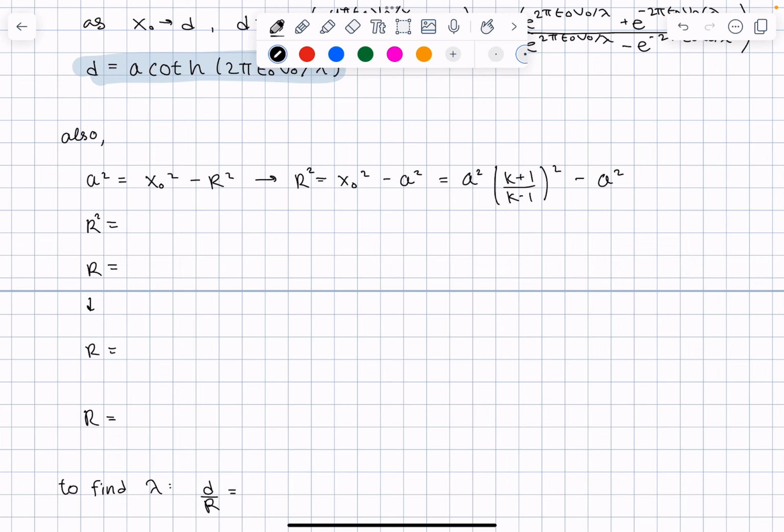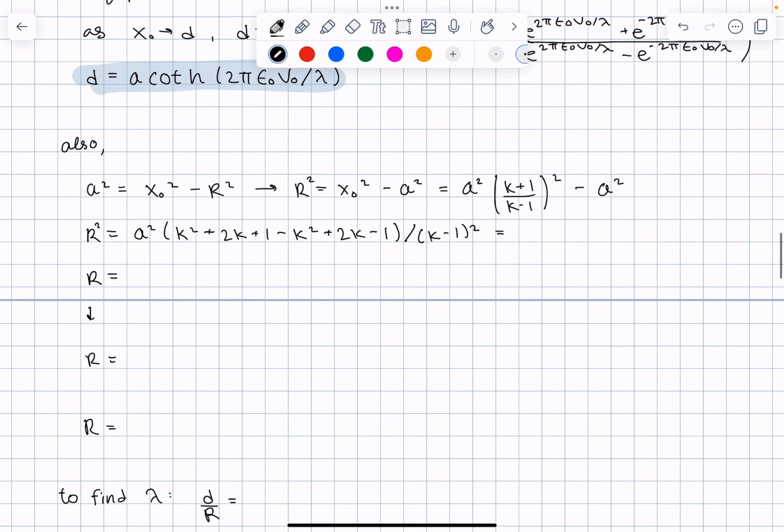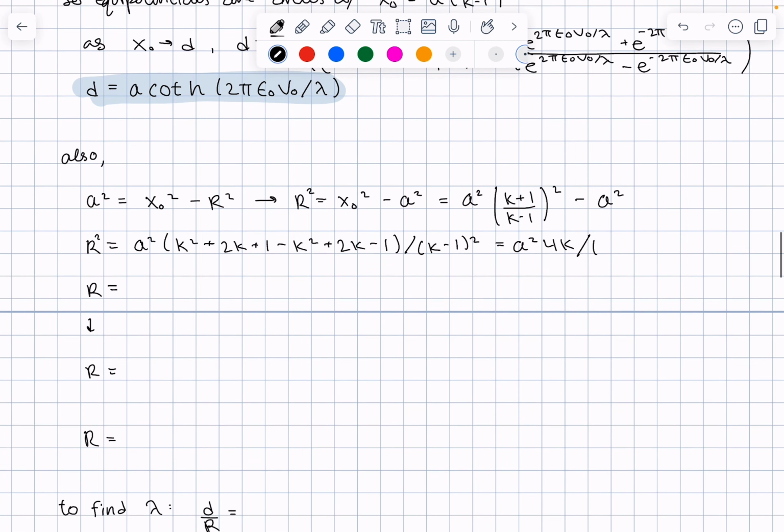So then r squared is equal to a squared, and expanding that out, (k squared plus 2k plus 1 minus k squared plus 2k minus 1) divided by (k minus 1) squared. That simplifies to a squared times 4k over (k minus 1) squared.